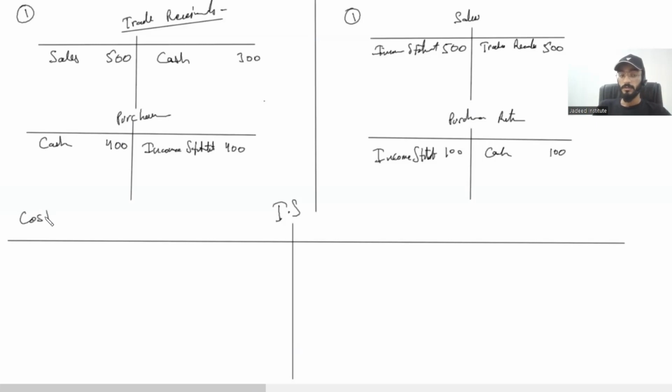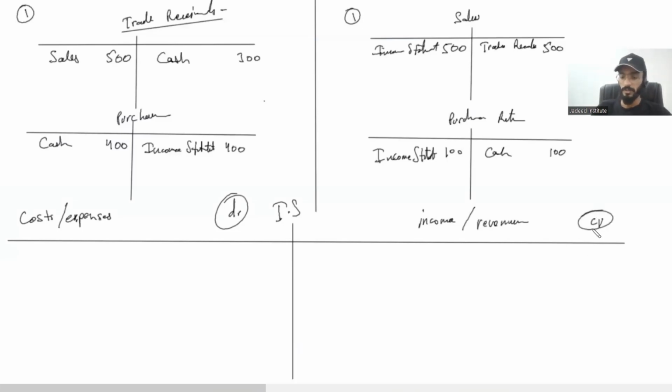Your costs and expenses are what? Debited in the income statement. And your income, revenues, by revenues I mean sales, are credited. Yeah.